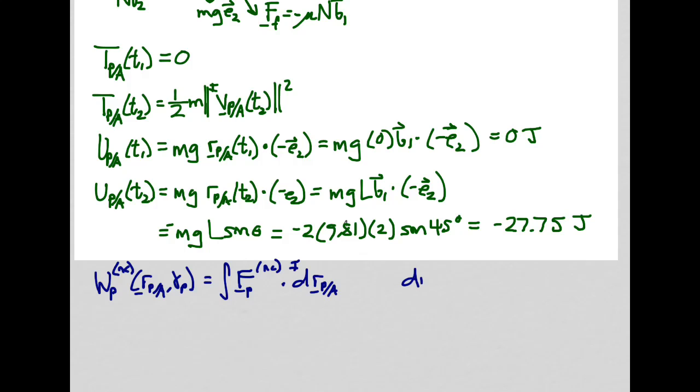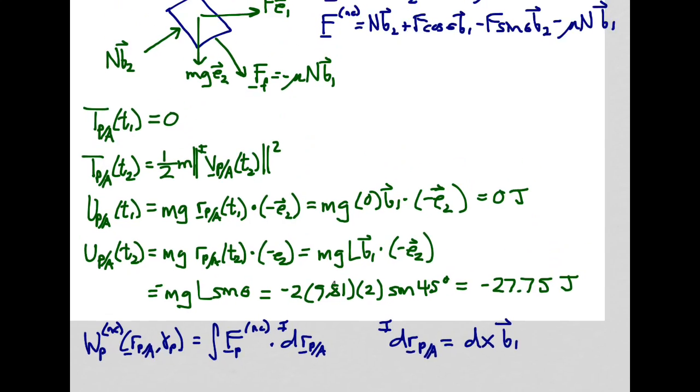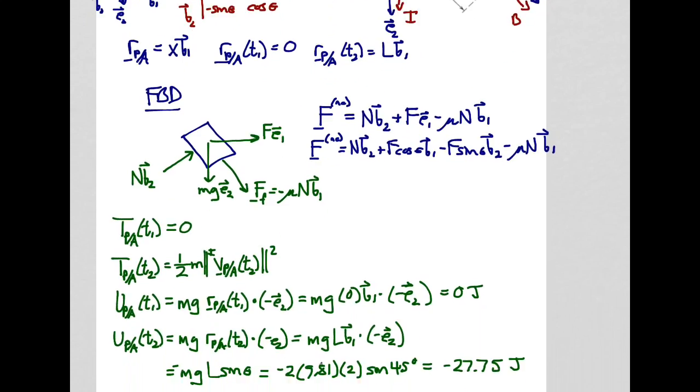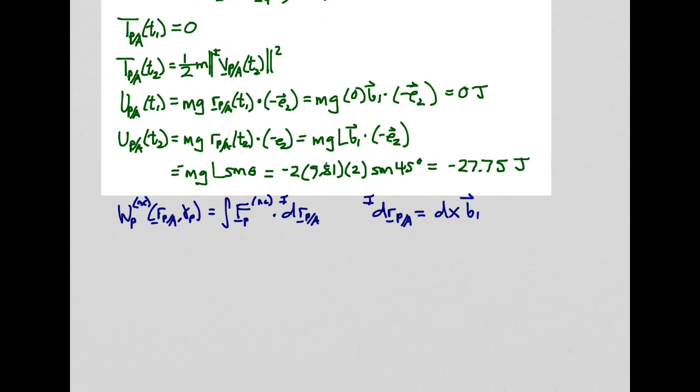And so dr of P with respect to A, observed in the inertial reference frame, is our differential dx, and that's pointed in the B1 direction because we've defined B1 as down the slope. It's in the direction of the path.